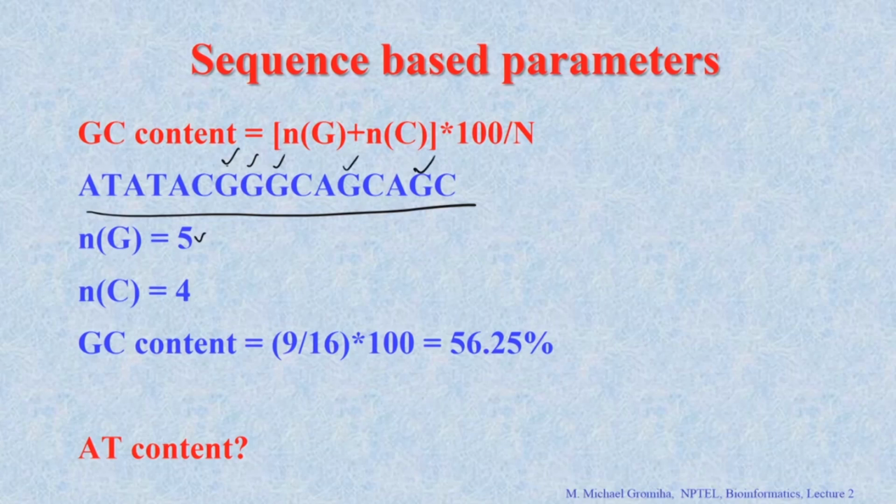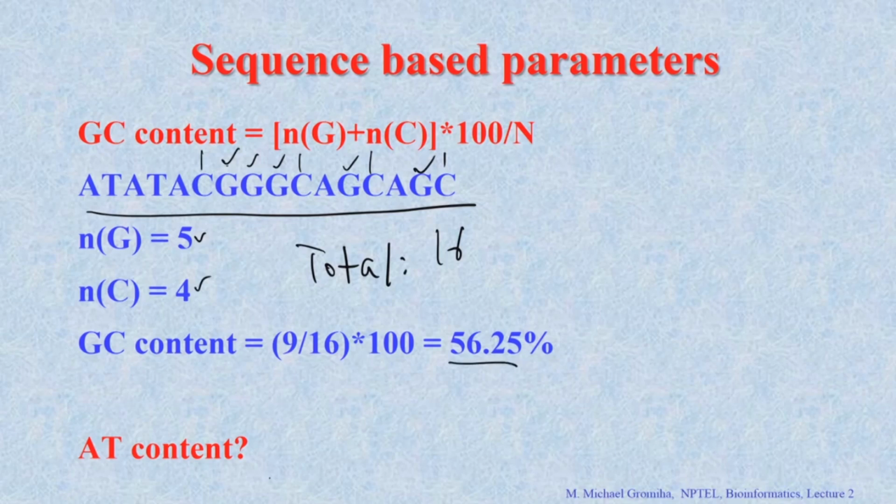Then the number of C's: 1, 2, 3, 4, so the number of C equals 4. Now, what is the total number? 6, 7, 8, 9, 10, 11, 12, 13, 14, 15, 16. So, 16. GC content you can calculate: out of 16, how many are G and C? This is 5 plus 4, which is 9. So, 9 by 16 into 100, this is equal to 56.25%.